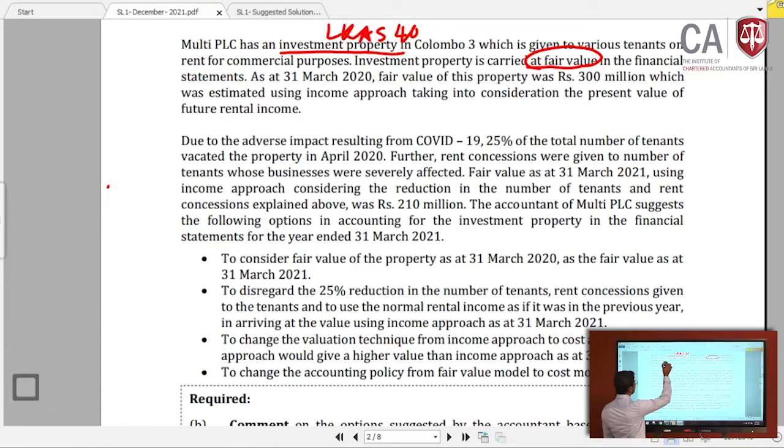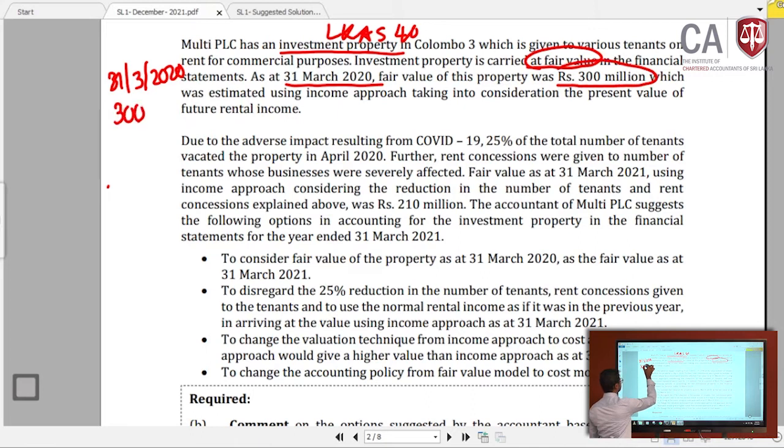In the financial statements as at 31st March 2020, the fair value of the property was 300 million, which was estimated using the income approach. So what is meant by income approach, student?